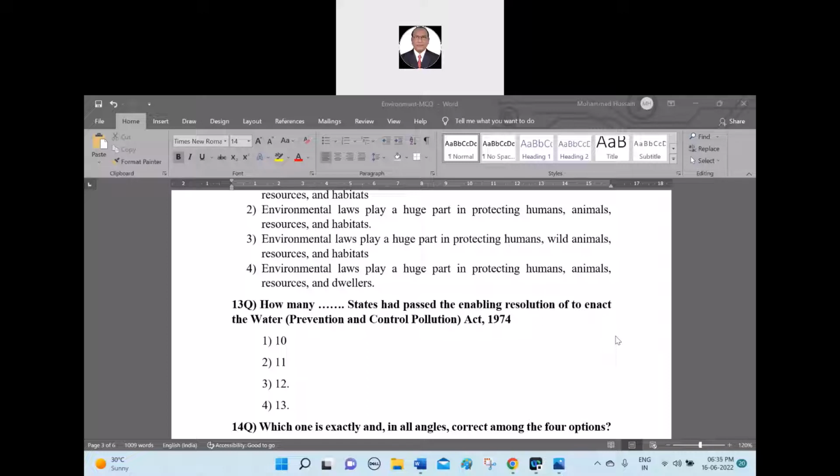13th question. How many dash states had passed the enabling resolution to enact the Water (Prevention and Control of Pollution) Act 1974? Option 1, 10; option 2, 11; option 3, 12; option 4, 13.